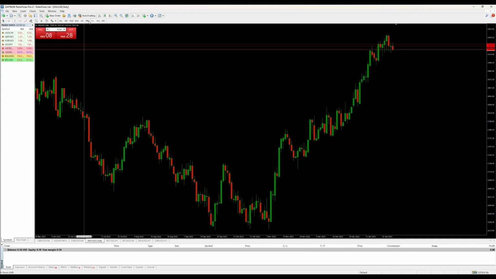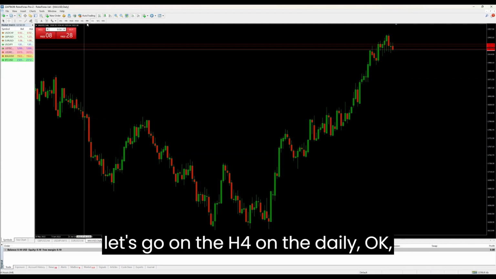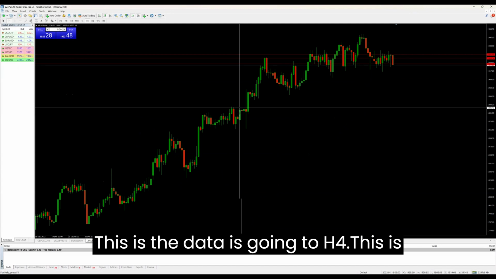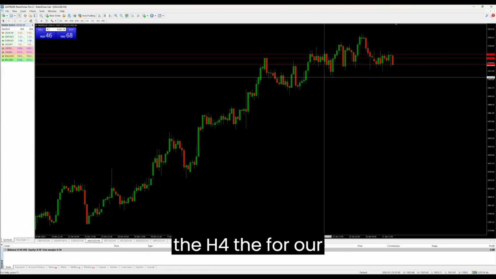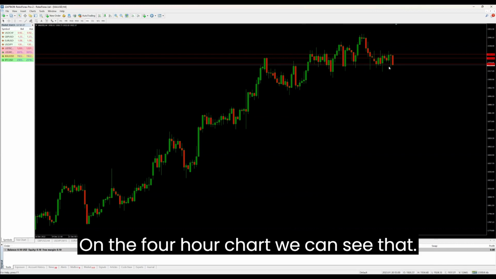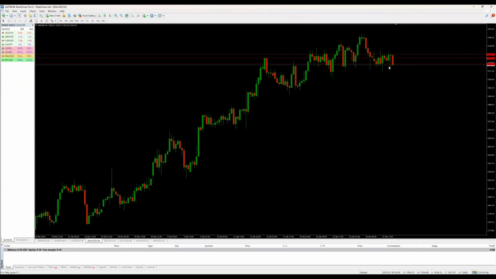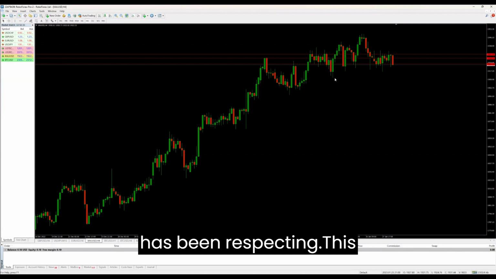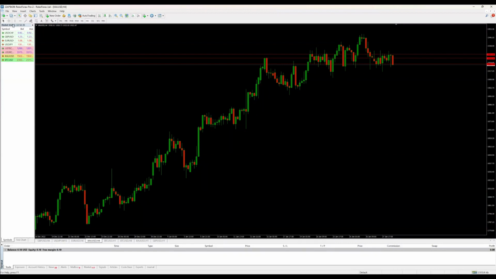So let's go on the H4. Okay, this is the daily. Let's go on the H4. This is the H4. On the 4 hour chart we can see that gold has been respecting this zone.